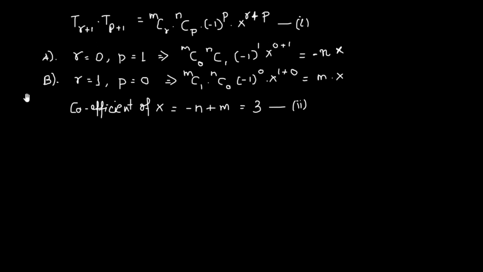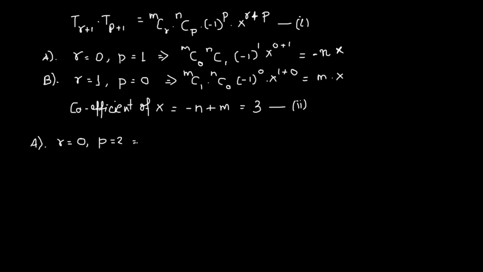So we'll consider equation number 1. We go back to that. Now we have to find out the coefficient of x squared. So now we'll have 3 possibilities. Possibility number A, the value of r could be equal to 0 while p is equal to 2.